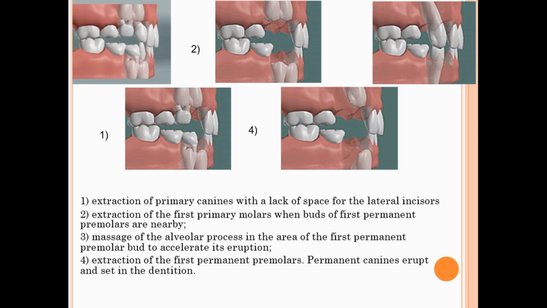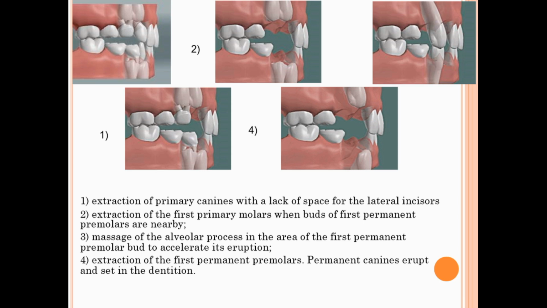Third, massage of the alveolar process in the area of the first premolar to accelerate its eruption. And next, extraction of the first permanent premolars, so permanent canines erupt and set in the dentition.